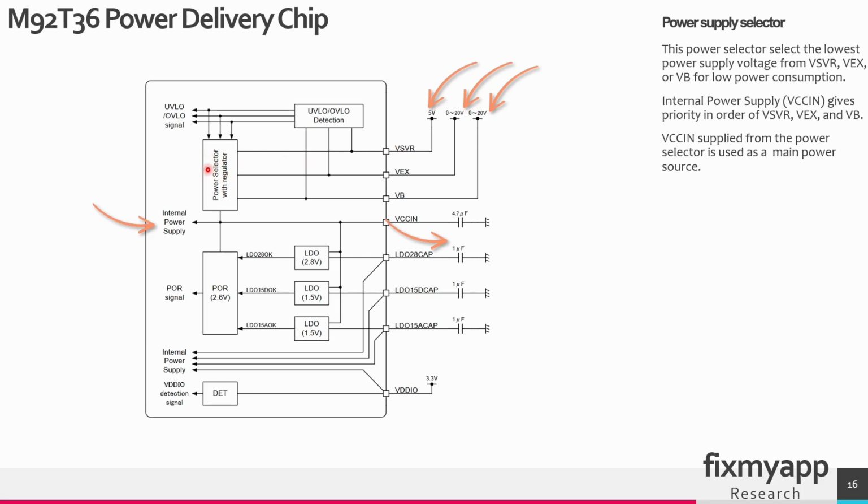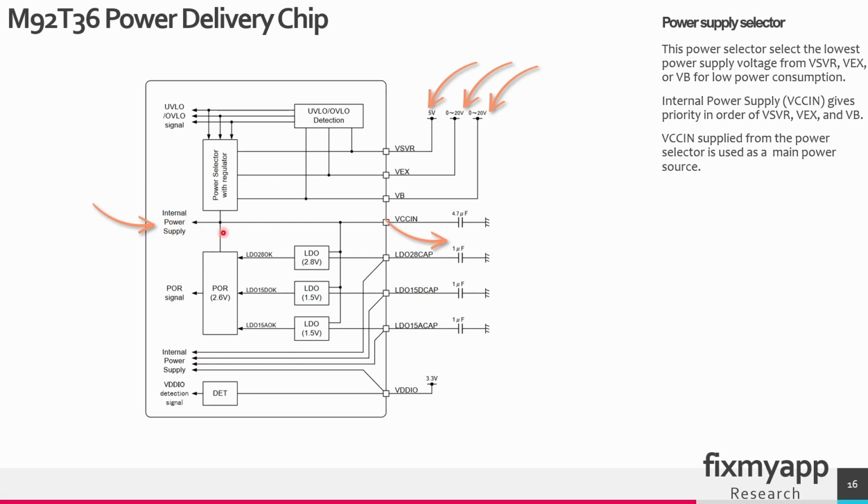This power selector selects the lowest power supply that is getting into this IC, so the 5V power rail, the external voltage or the bus voltage. So the internal power supply can be measured on VCC in pin. On this pin you can see which voltage is being used to supply power to this power delivery IC.